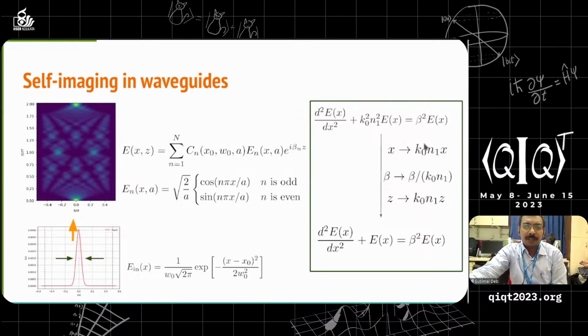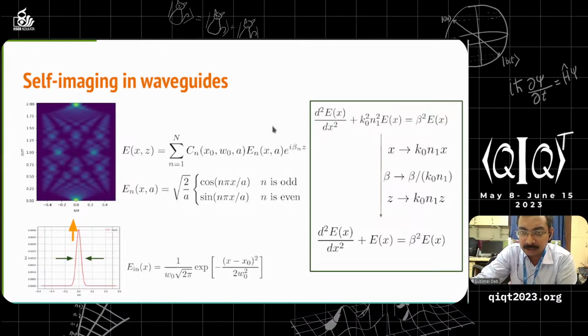And the first thing that comes to mind is, in the scalar wave equation, we have the material parameters for the waveguide. So if we make any studies with this waveguide and come to any conclusions, would they be dependent on the material parameters? To make it independent of the material parameters, we just make a single transformation.